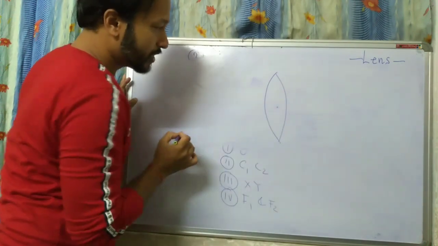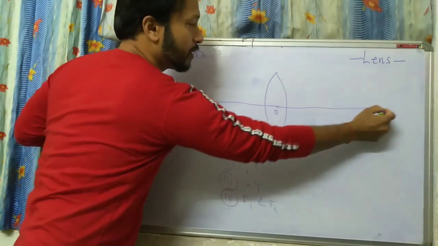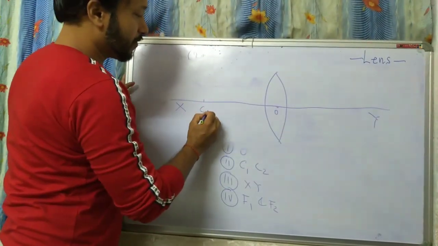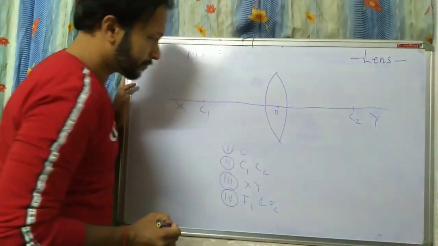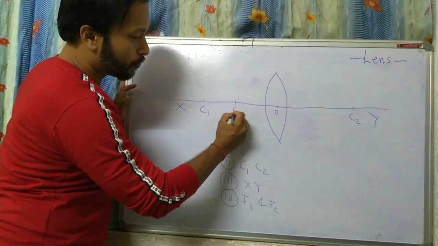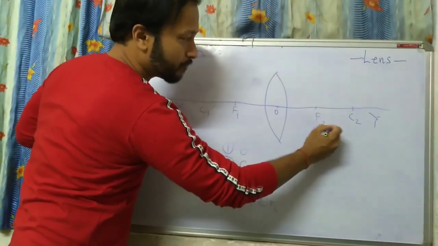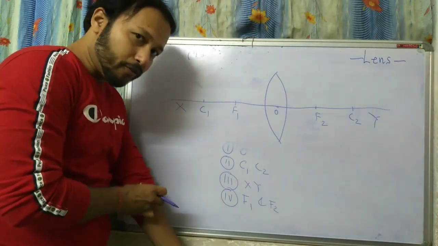Now, if I draw this figure again, convex lens. So this is my pole and this is my principal axis. Here is the center of curvature and here is another center of curvature. This is called first principal focus, and this is called second principal focus. Got it? One more piece of information.